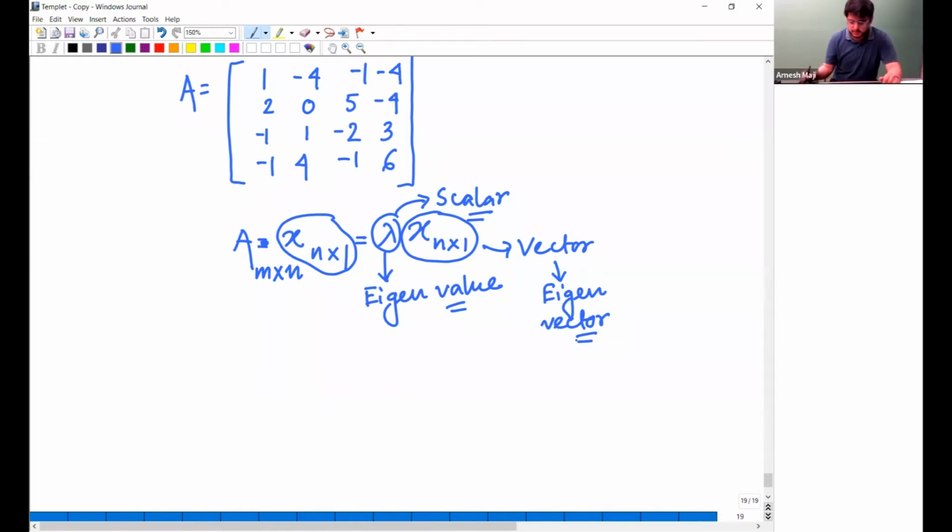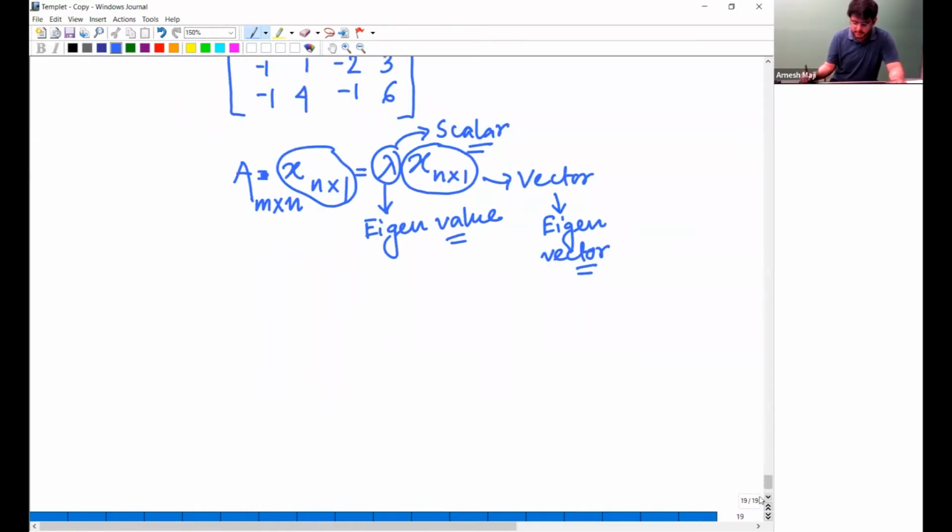So we'll be solving this problem. This is a very simple problem. If Ax is equal to lambda x, we have to solve for lambda. So if I bring this to the left hand side, that is Ax minus lambda x, this will become 0.